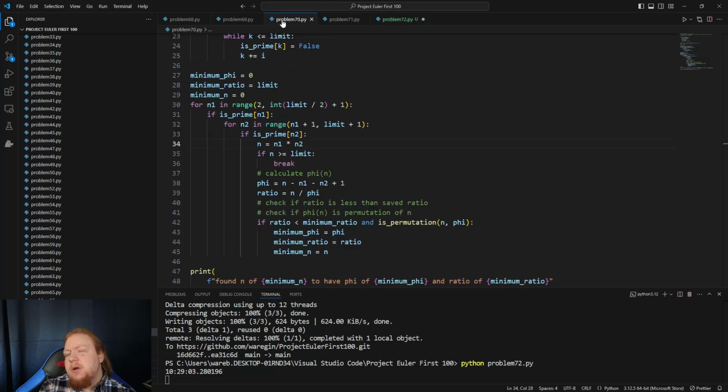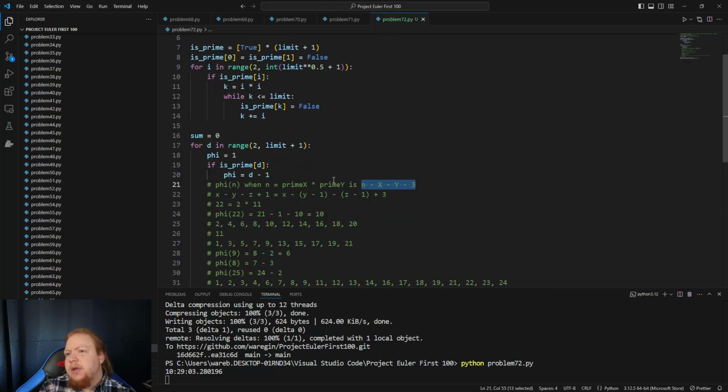But that's not what I used back in problem 70. I had to add 1, not subtract 3.